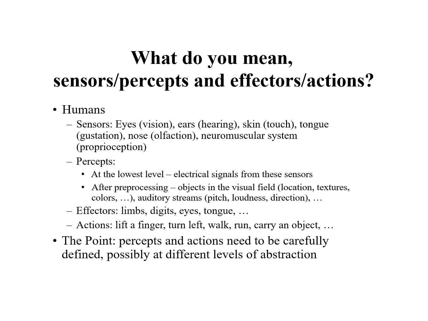So, what do we mean by sensors or percepts and effectors or actions? Let's take the case of humans. There are sensors such as eyes, ears, skin, tongue, nose, and the neuromuscular system.